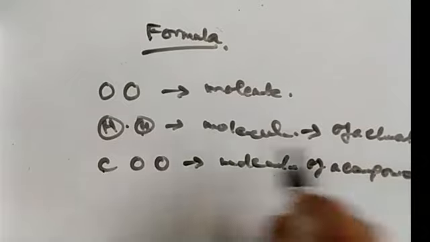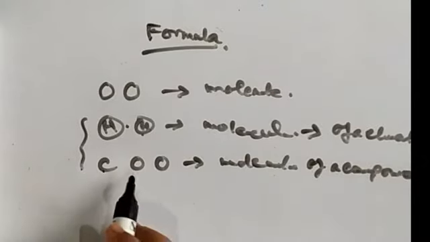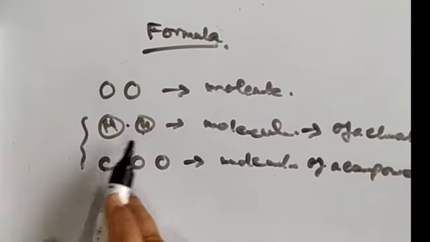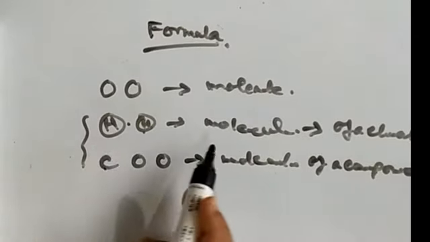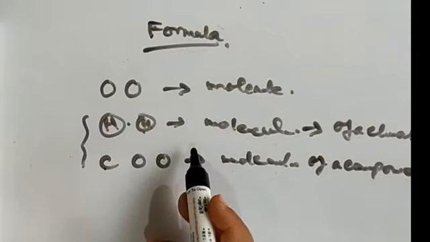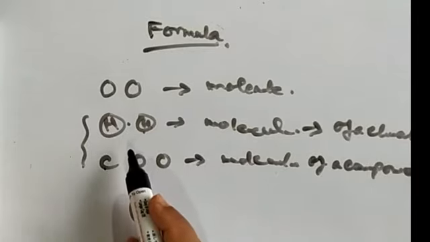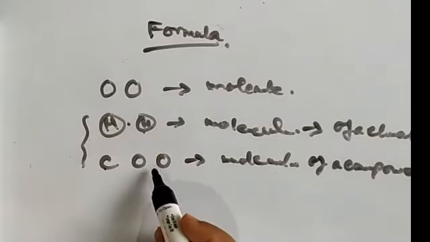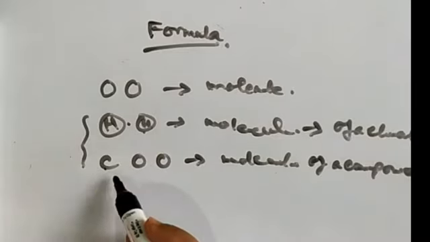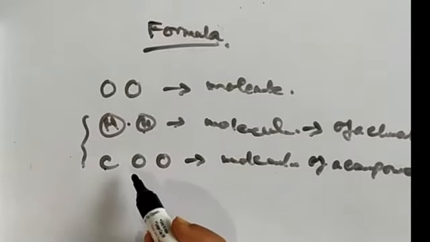Okay, so molecules are of two types. First type, when the same types of atoms combine together, they are known as a molecule of an element. And when dissimilar atoms of elements combine together, they make the molecule of a compound.